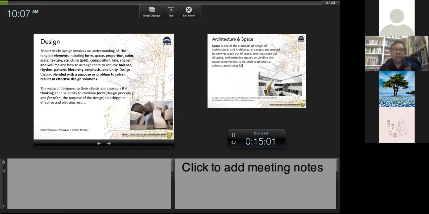Because we architects have vast skills in different areas, as mentioned in the previous slide. You need to understand a lot of things, not only the skill. Computer-aided design cannot offer what a designer offers. This is only a tool.